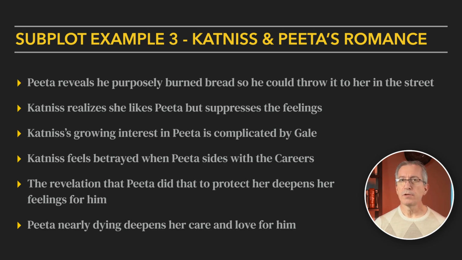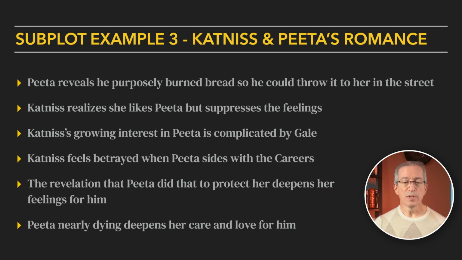So after they enter the pre-games, that ride to the train in the pre-games, and then into the arena itself, Katniss starts to realize she likes Peeta, but she suppresses those feelings, because how can they explore any of that stuff? And there's also Gale back home. So her growing interest in Peeta is complicated by her like or love of Gale, her desire to be with him and maybe make a life together.